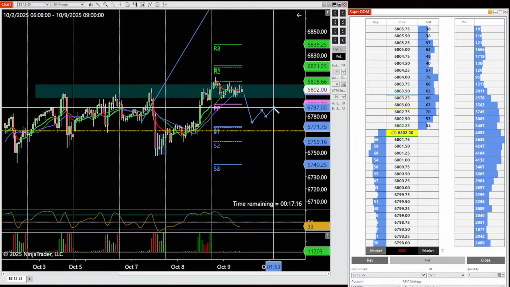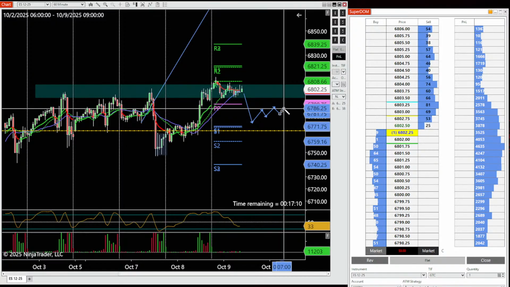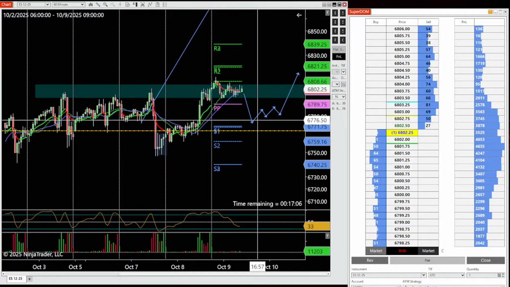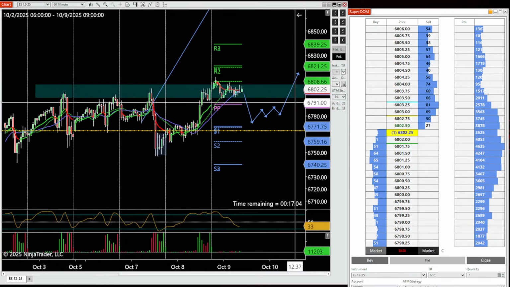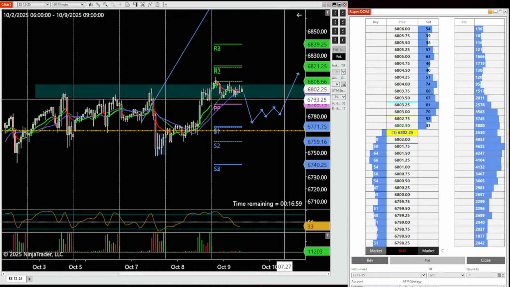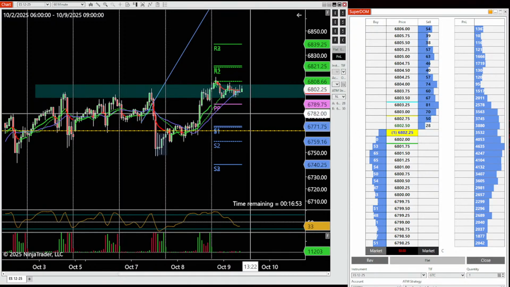And you get it. If it starts working its way back up like this and just chops around in here a little bit, then kind of breaks out. But it can move in here like this, up a little bit and then go. So we'll see how the market moves.